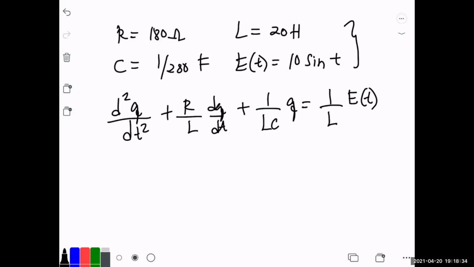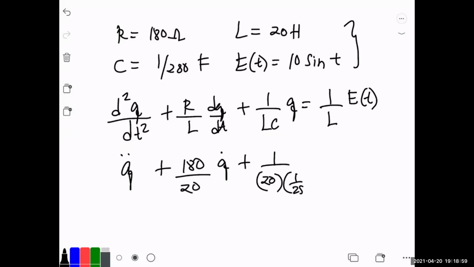So q double dot means second derivative of that variable, plus R is 180 over L, which is 20, times q dot because it's just the first derivative, and then 1 over L, so 20 times C, which is 1 over 280, times q, equals 1 over L, which is 1 over 20, times 10 sine of t.